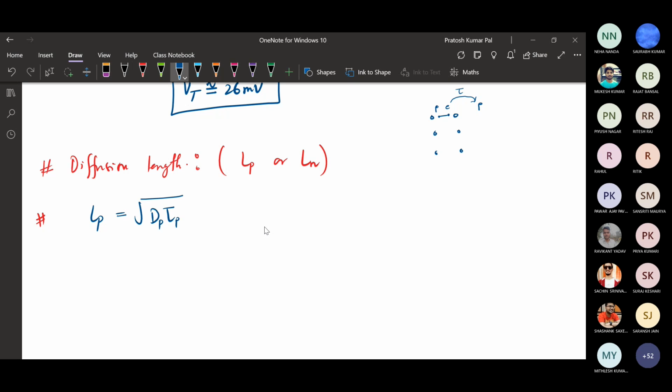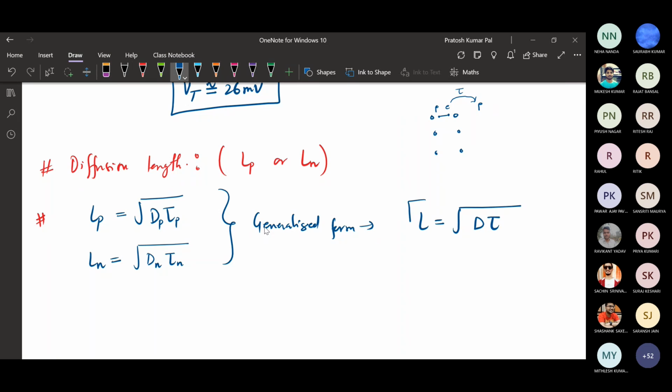Similarly, in case of electrons, the diffusion length is defined by under root Dn tau n. In generalized form, we can write L depends on D into carrier lifetime. So this is the formula for diffusion length.